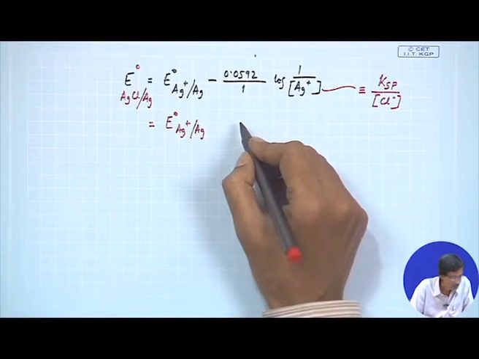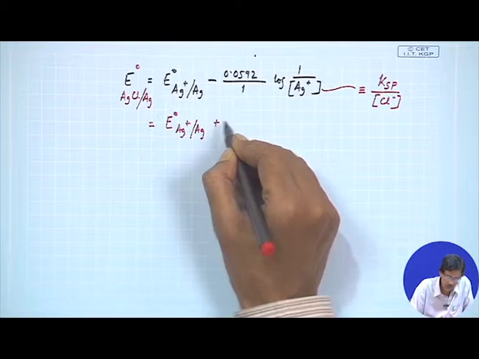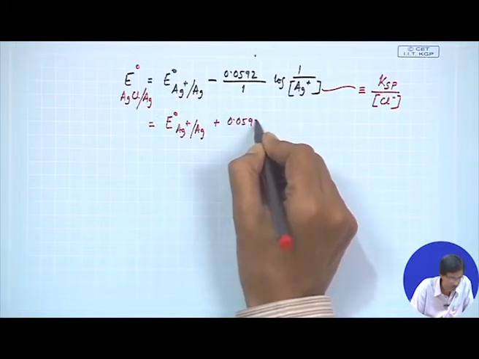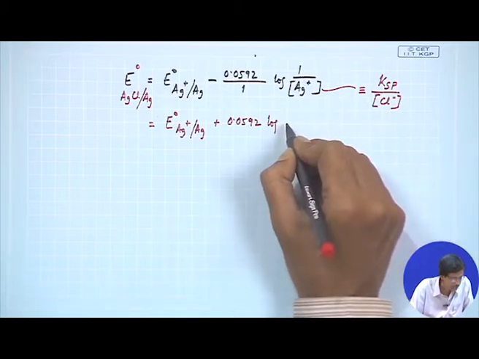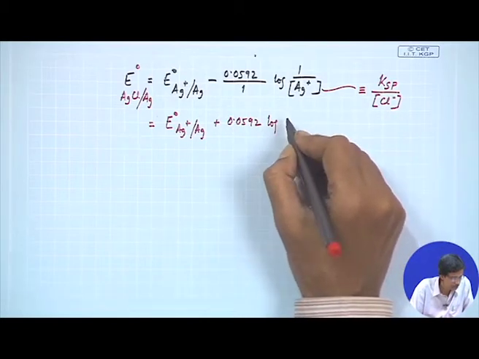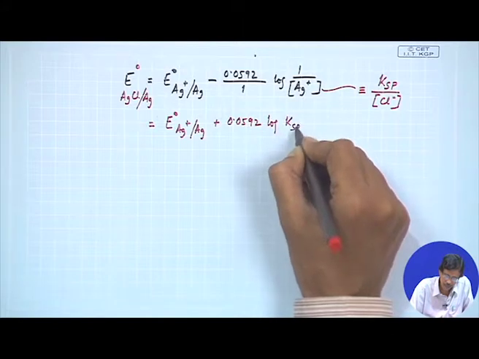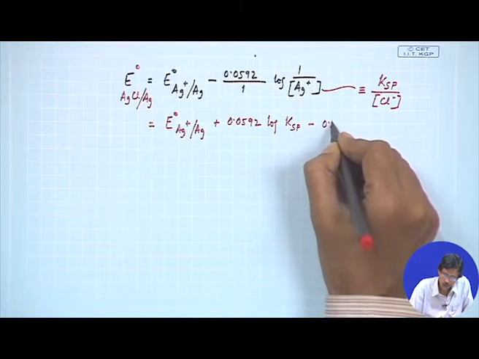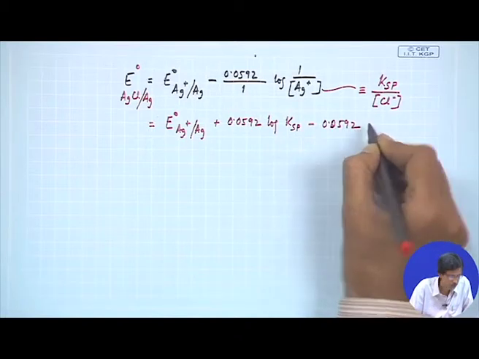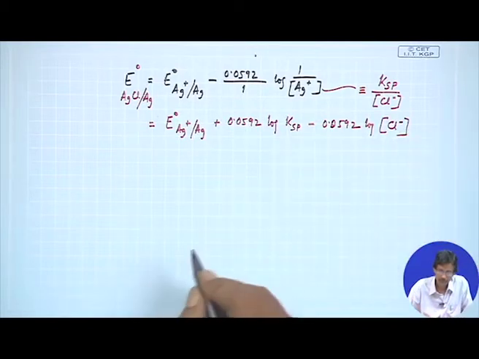Then if we change the corresponding sign, it will be plus 0.0592 log of Ksp, that means the log of the Ksp value, minus 0.0592 log of the Cl minus concentration.